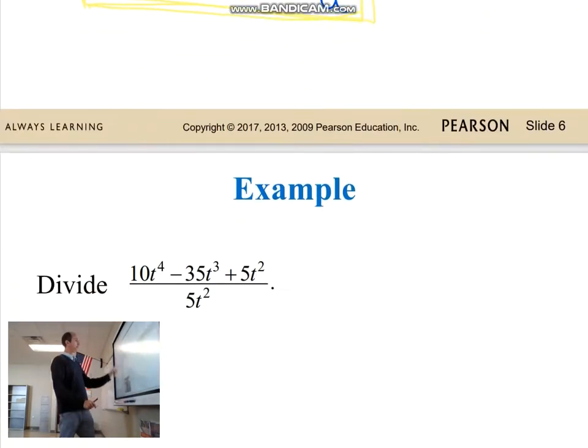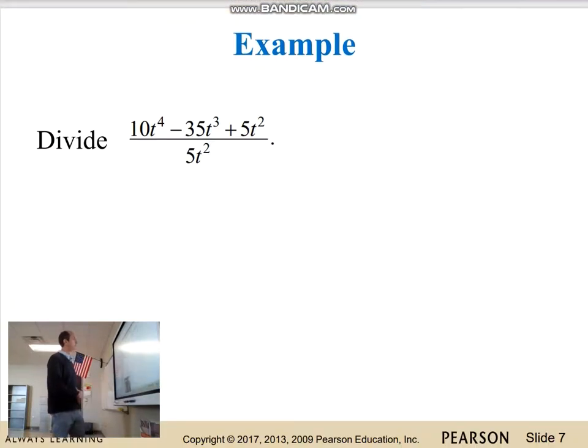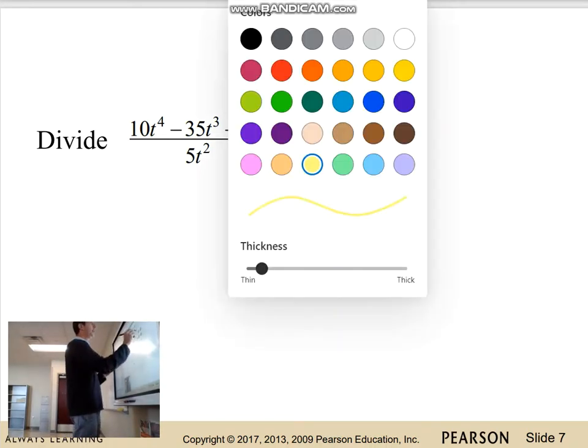Next, divide 10t exponent 4 minus 35t cubed plus 5t squared by 5t squared. Well, we're going to do the same thing. We're going to break down, we're going to split.